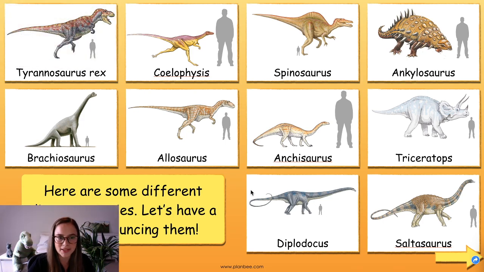Okay, this one, someone said this at the beginning of the lesson, Diplodocus. I really like the name Diplodocus. It's quite fun to say, isn't it? Can you say that out loud? Diplodocus. I wonder what's different about the Diplodocus to the species of Tyrannosaurus rex.